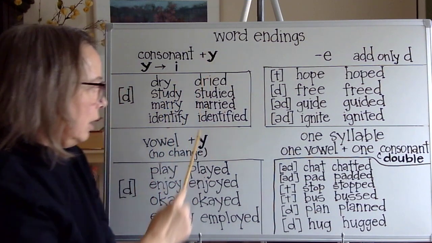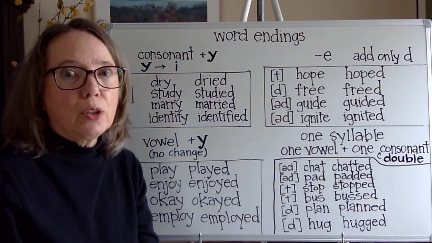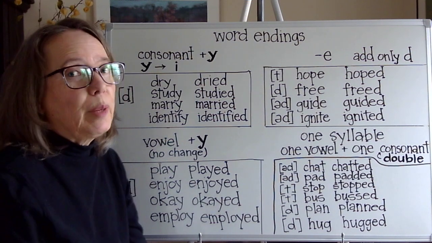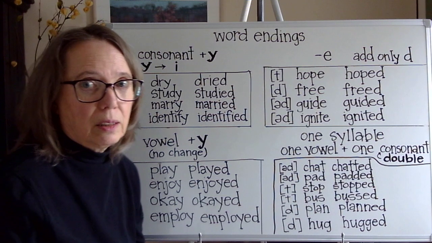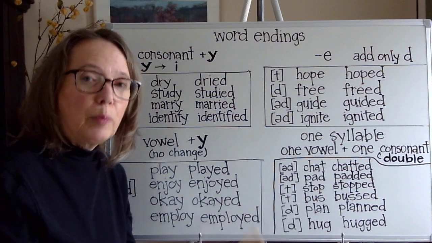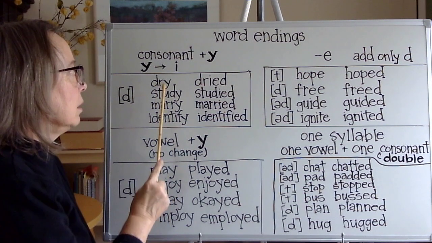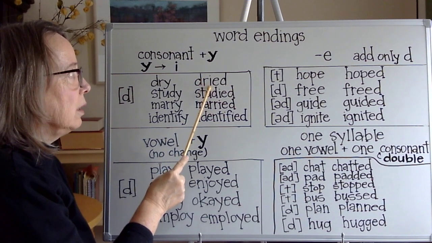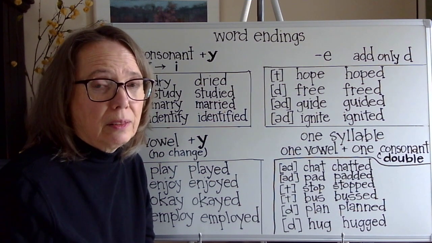Let's begin by looking at this side, because here I'm talking about verbs that end with a Y. When a verb ends with a Y and it has a consonant before it, we drop the Y and put in an I. D-R-Y, consonant Y. We remove the Y and put in an I. Remember, this is just spelling.